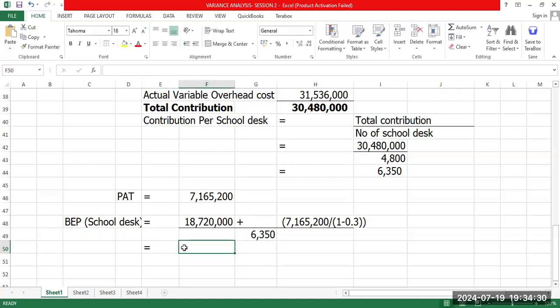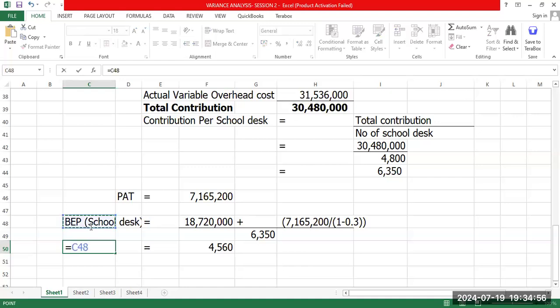You can be having good information, but you fail to use your calculator. So what do you have? 4,560. 560 only.